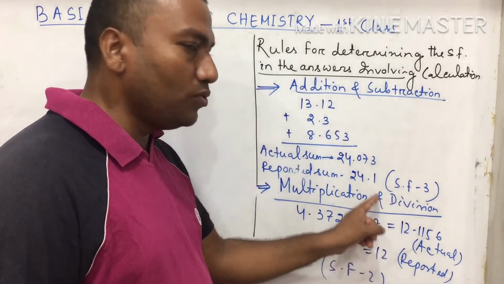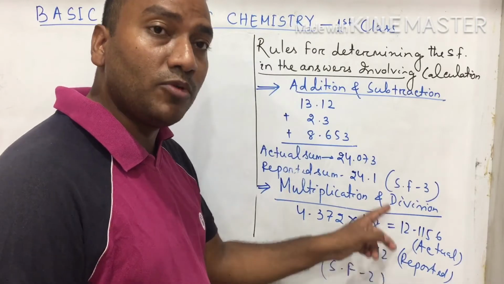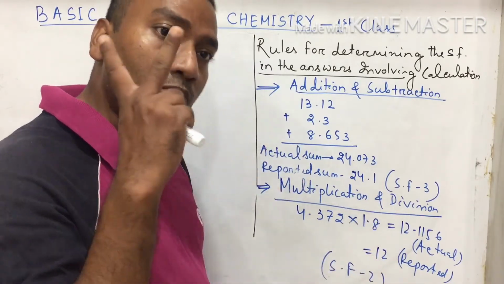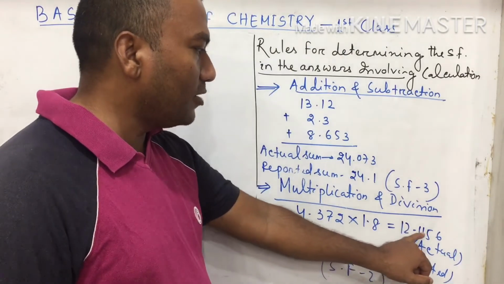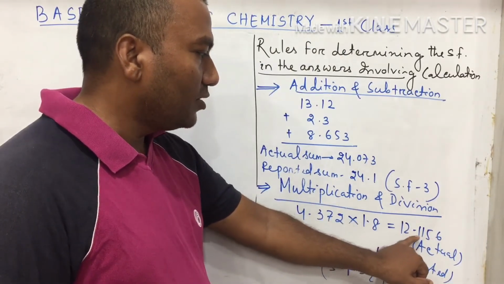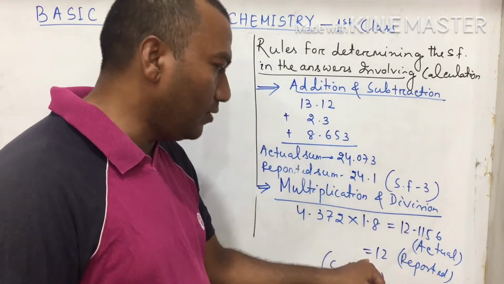This number has 2 significant figures. The rule is, we round up to the lowest number of significant figures. So our reported multiplication value will be rounded to 2 significant figures. It is 12.1156, and the digit after is 1, so it will be rounded to 12.